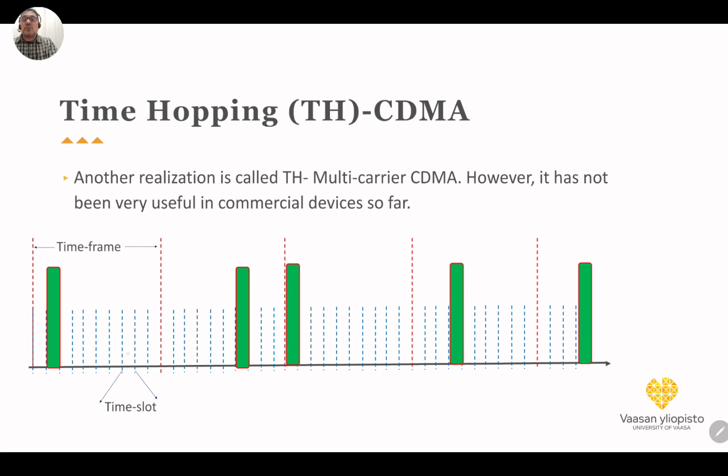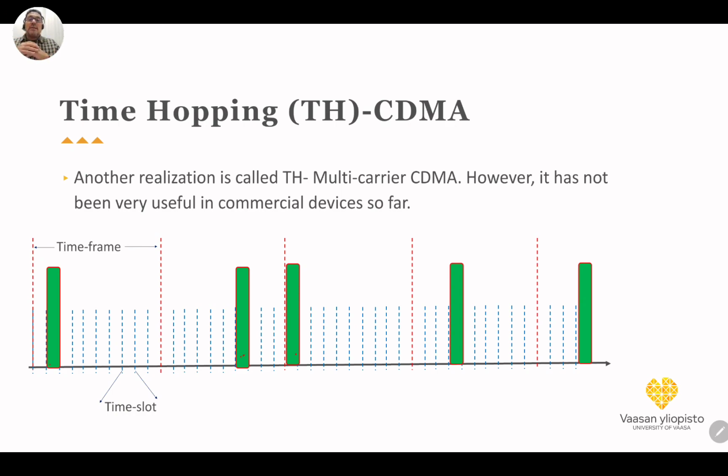We can set it like 2 here for example, the 7th, and here the 1st, and so on. Every time we select a random time slot where to transmit our symbol. It is random for the others, but our receiver knows the sequence, so it knows where the next transmission will be.